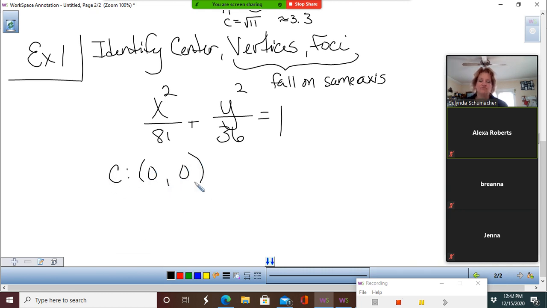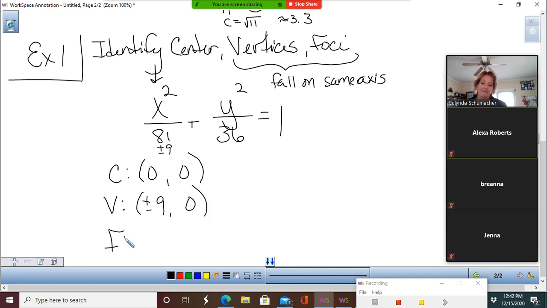The vertices are the bigger number underneath these. So our vertices fall on the x-axis, right? We're going to take 81 and we square root that. We get plus and minus 9. And because it's underneath x, you've got to add that to our center. So our vertices are going to be at plus and minus 9 and 0.